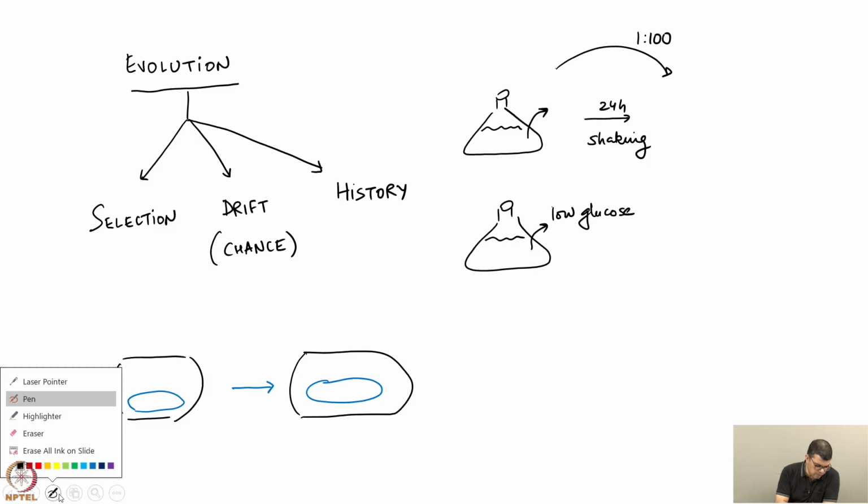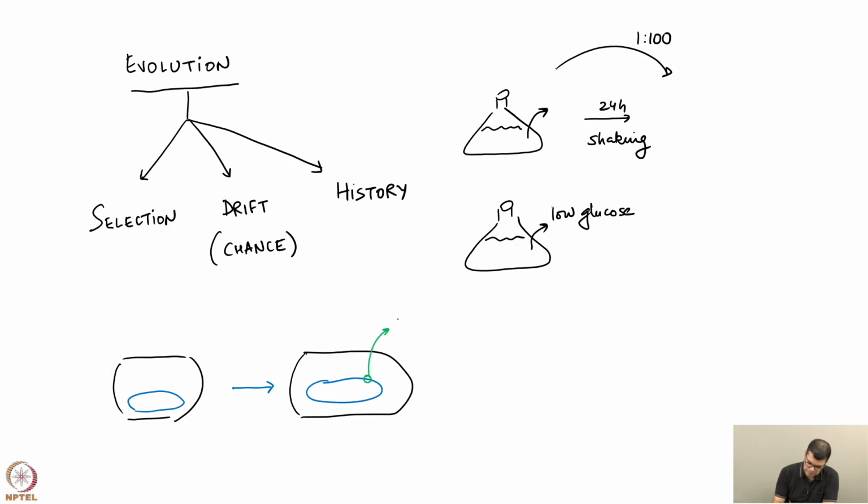This mutation, however, was neutral in nature. By definition, because this is a neutral mutation, it does not confer any advantage to the individual that is carrying it. So, there was no change in fitness, and as we have seen, a neutral mutation has a chance of 1 by N to fix in a population, which in a large population N is a really minuscule chance. Most likely this mutation is just going to be removed from the population.